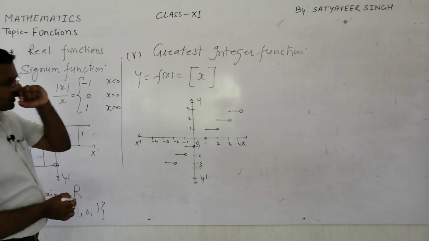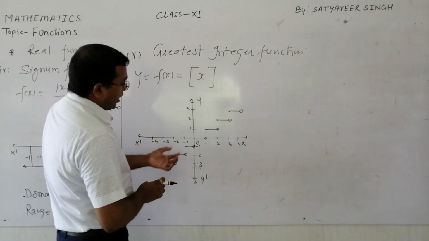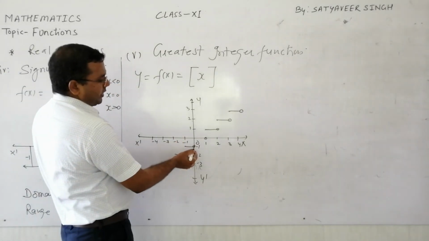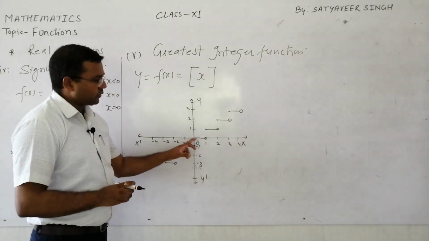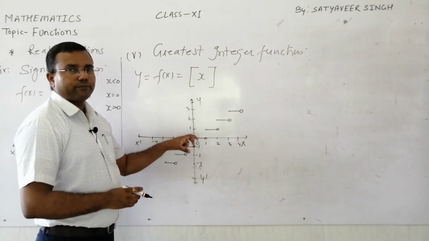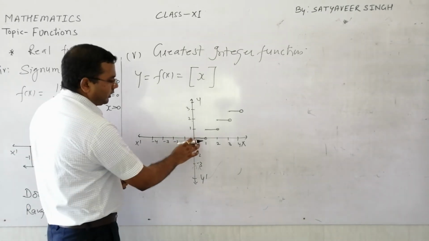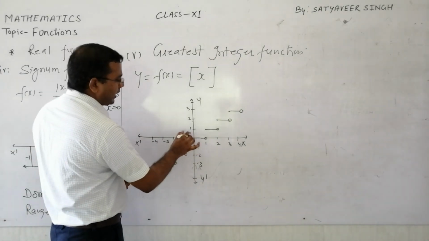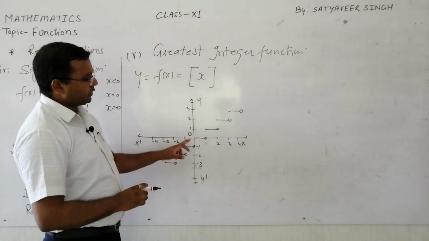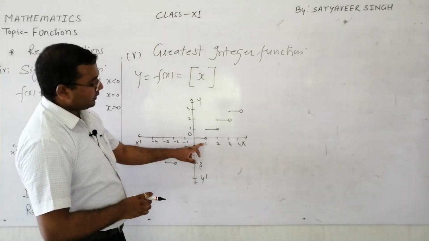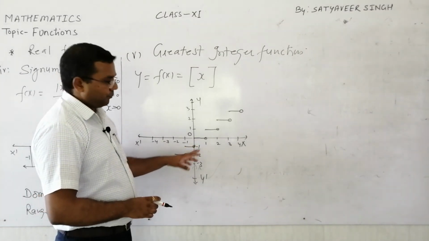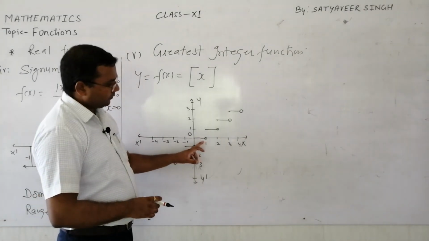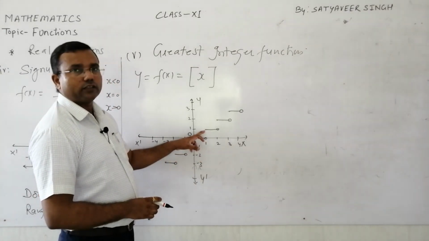See now, what is this function? If I am taking any real number between 0 and 1, then the value of the function is 0 itself. But whenever I go to 1, it gives you the result 1.